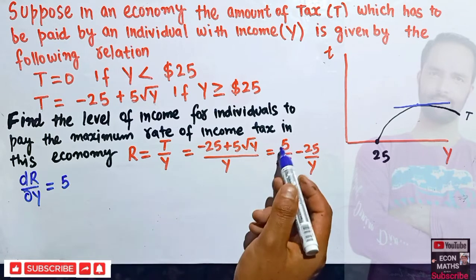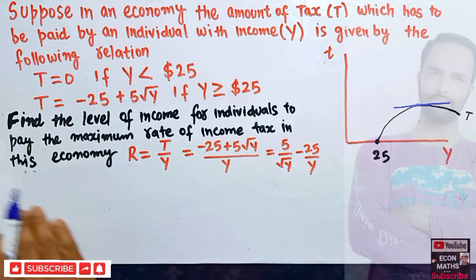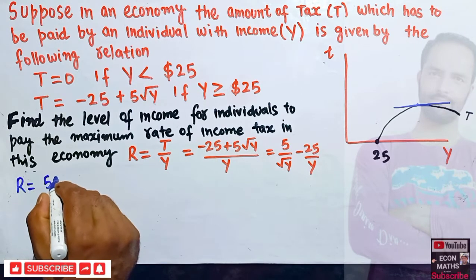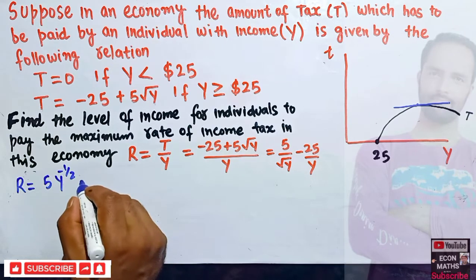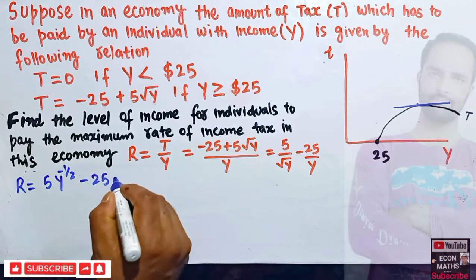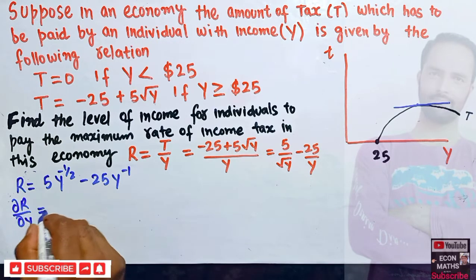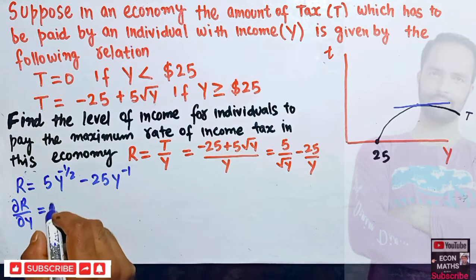Let us first write it in this fashion. Our r will be equal to 5 y raised to the power 1 upon 2 minus, obviously, 25 y raised to the power minus 1. Taking the derivative of this function with respect to income, the minus 1 upon 2 will become the coefficient.